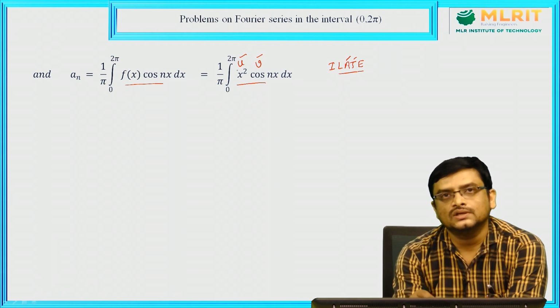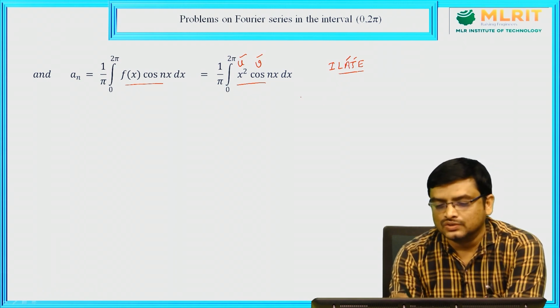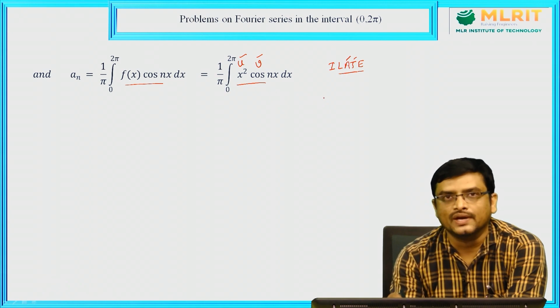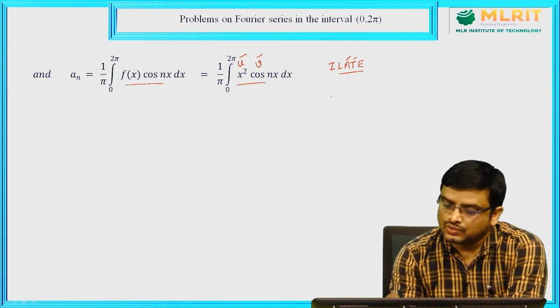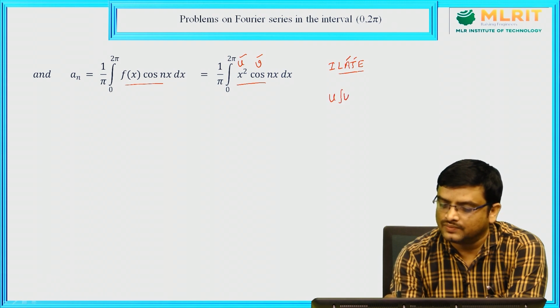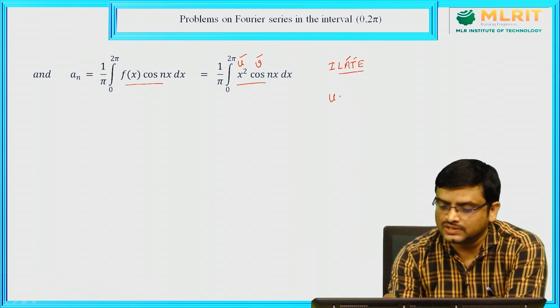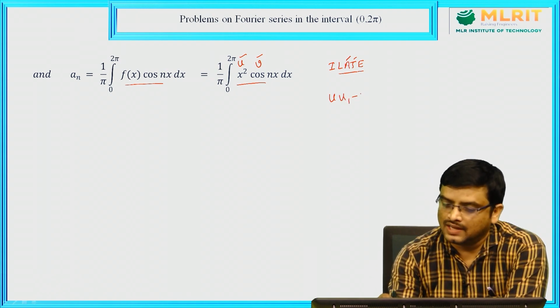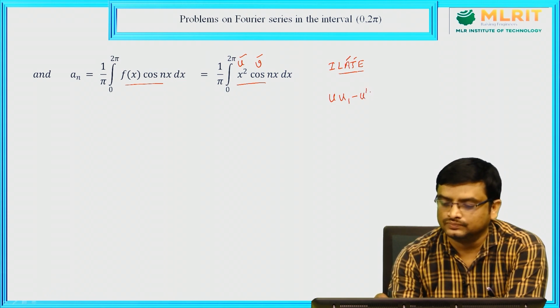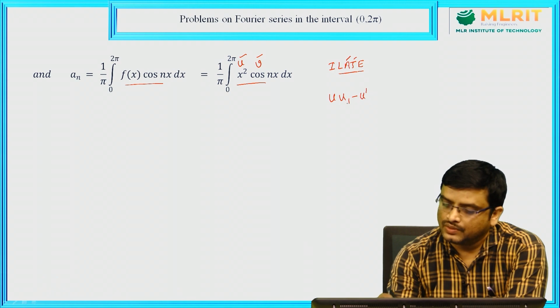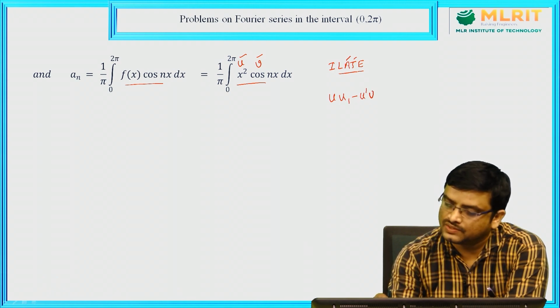So this is the integral of uv formula. So now integral of uv is given by, so we have a shortcut formula, that is u into integral of v, that is represented with, so we can take that value as v1, minus u dash, and in the second term, you take the derivative of u, and once again you apply the integral of this v1, that is it becomes v2.